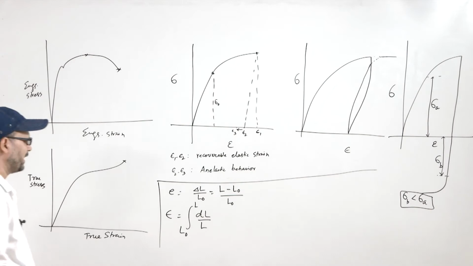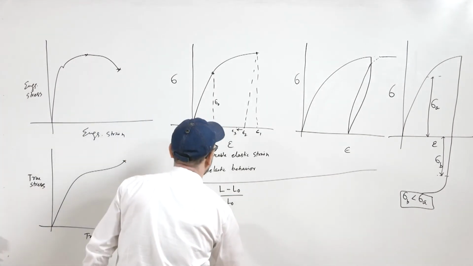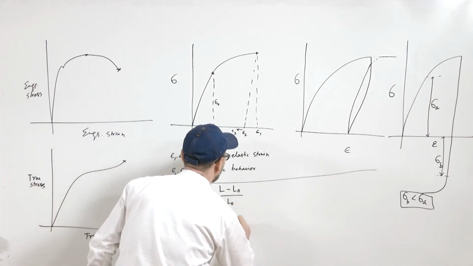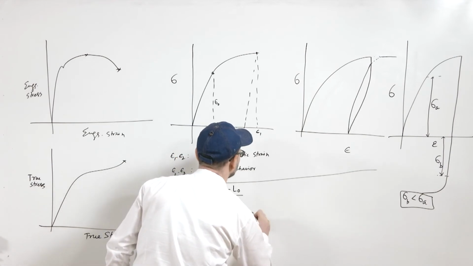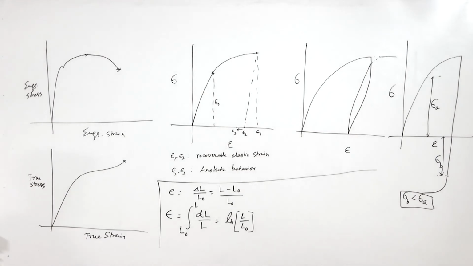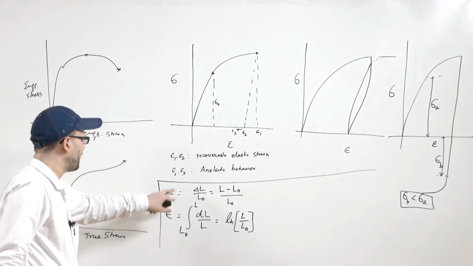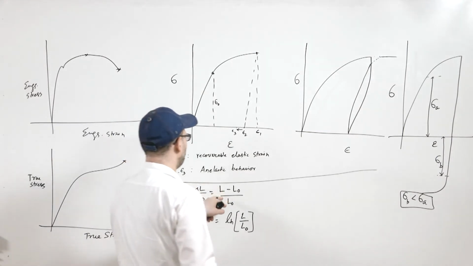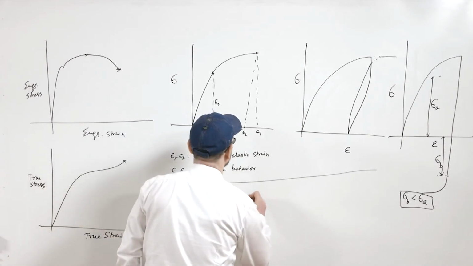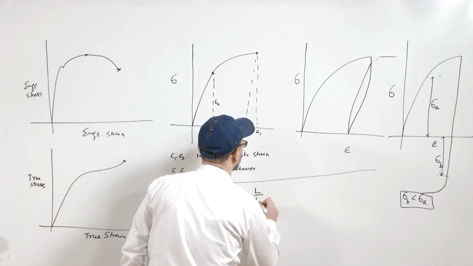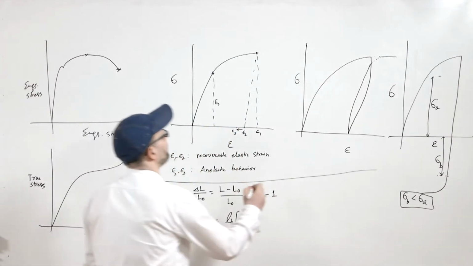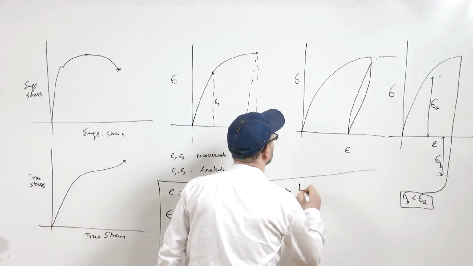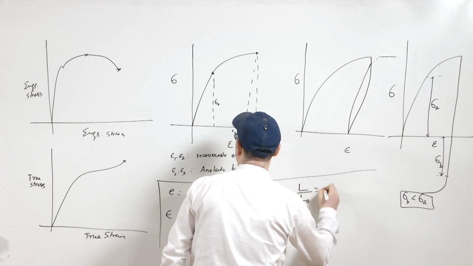So that is why it becomes ln of L by L naught. Now we defined e as (L minus L naught) by L naught, that is L by L naught minus 1. So L by L naught is coming as 1 plus e.